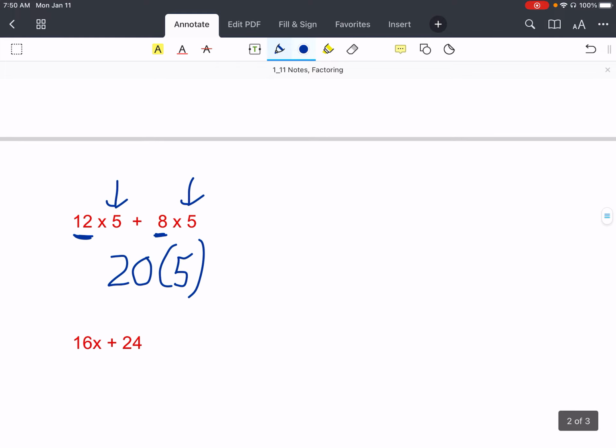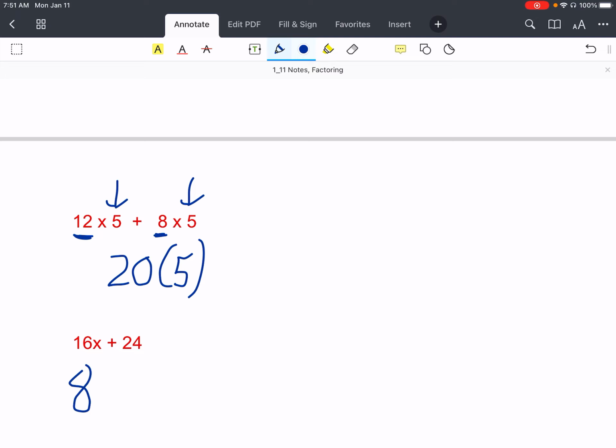For this example, we have 16x plus 24, and we need to be able to factor this out. So we're going to split this, and I know that 16 and 24 can both be divided by 8. So I'm going to factor out an 8.